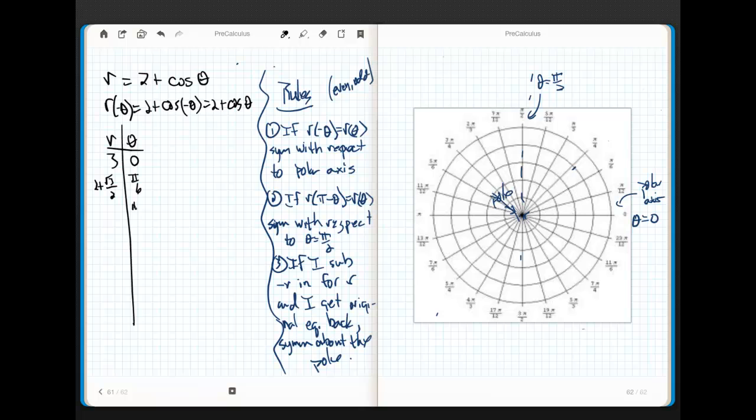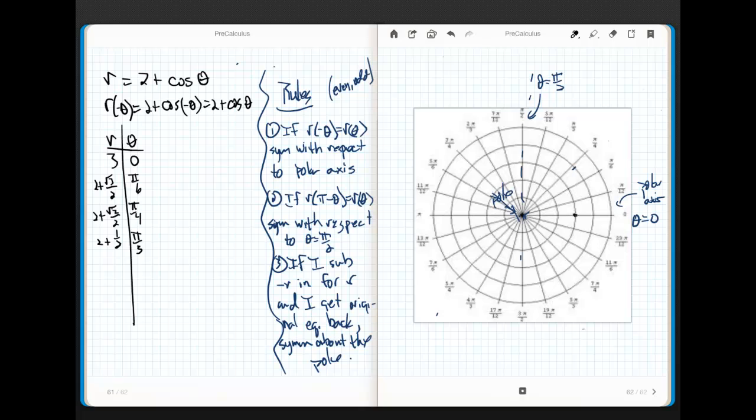Right? How about pi fourths? Well, this is going to be 2 plus root 2 halves. Right? How about pi thirds? Well, that's going to be 2 plus 1/2. So let's start putzing with these and see what happens.